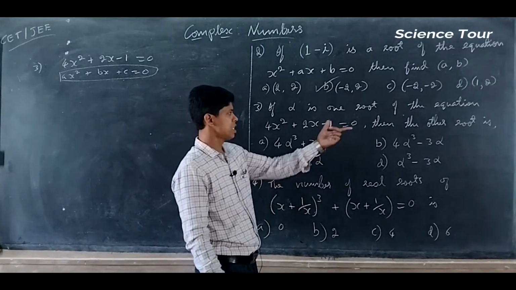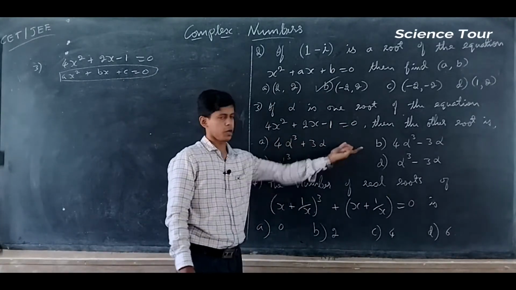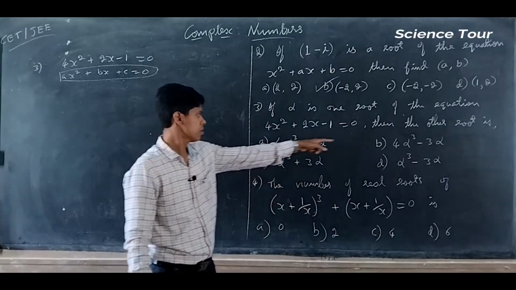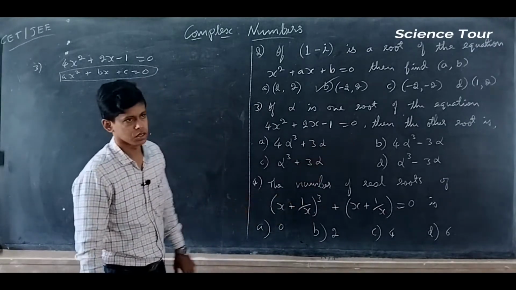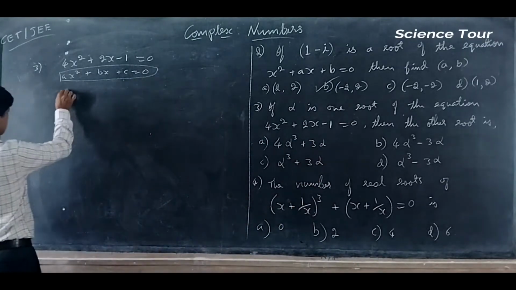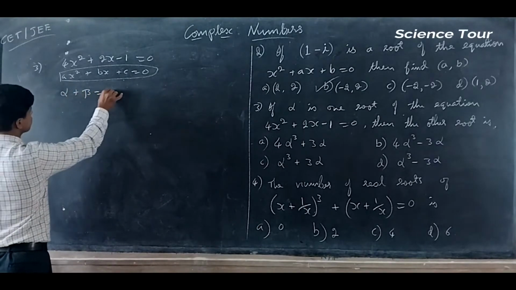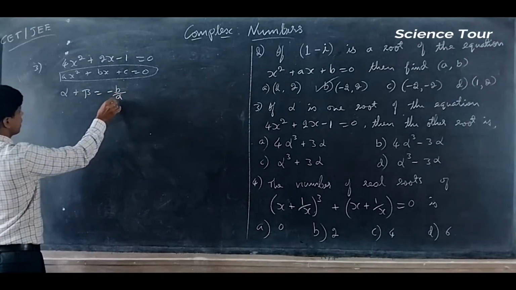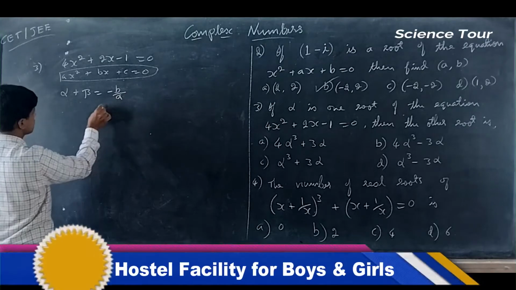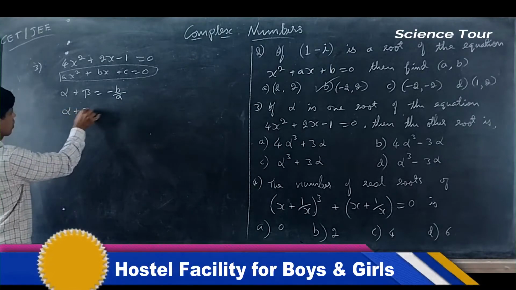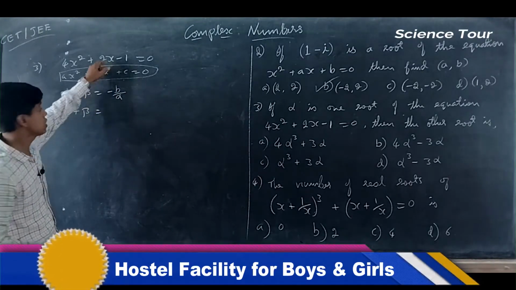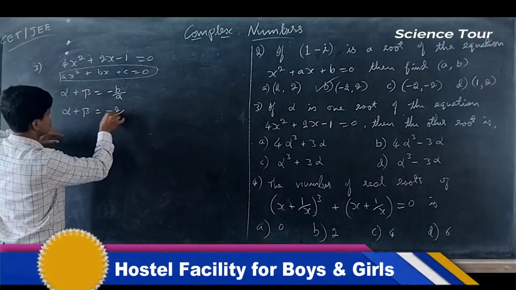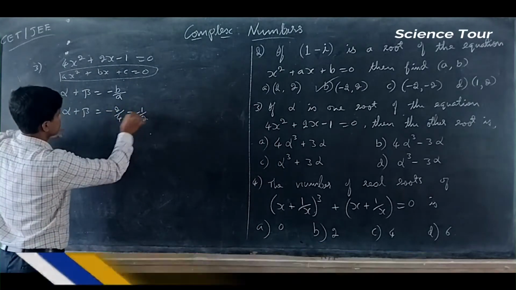What you have to find is beta. So what is the sum of the roots? Sum of the roots is minus b by a, so minus b is minus 2 by 4, which is minus 1 by 2.